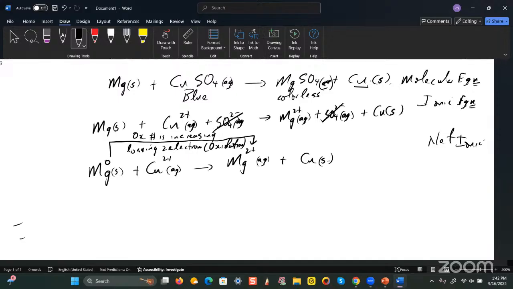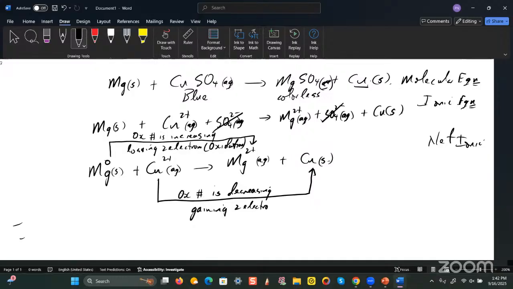And then when you look at the copper 2+, what's happening to the copper 2+ as it forms copper? The oxidation number is what? Decreasing, right? Because the copper is gaining 2 electrons.